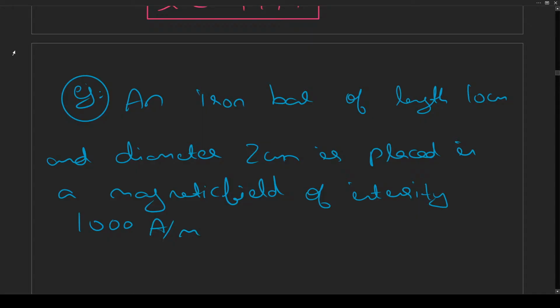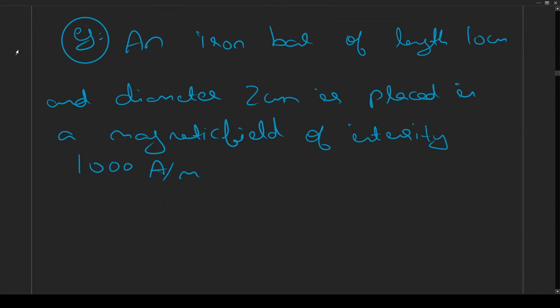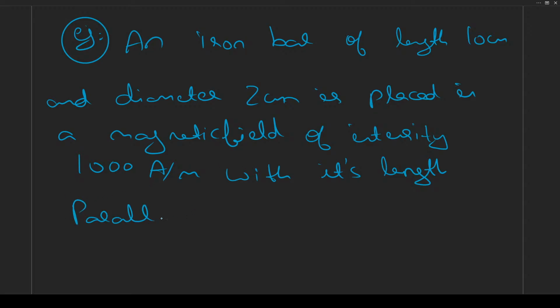This is H value, with its length parallel to the direction of field, meaning angle between them is 0.